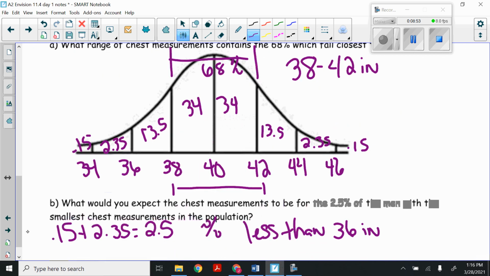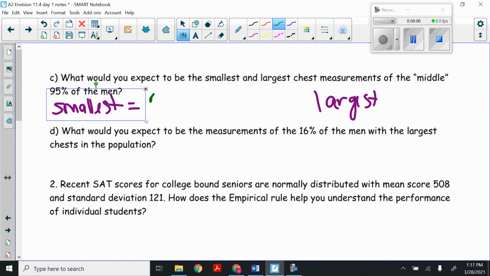So in this case, this is my 95%. So my smallest would be at 36, and my largest would be at 44. So our smallest would be 36 inches, and our largest would be 44 inches.